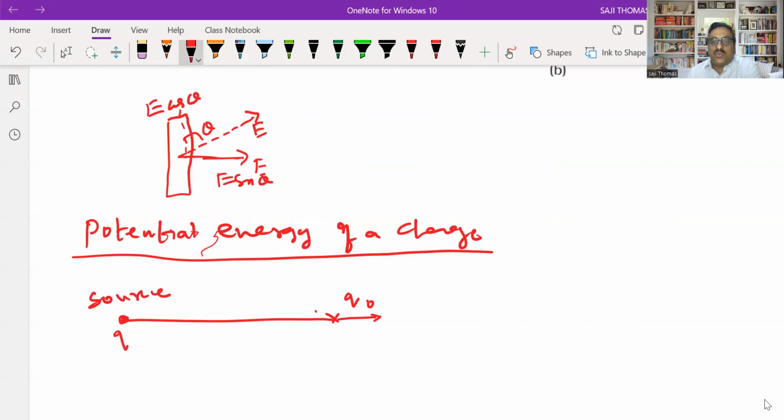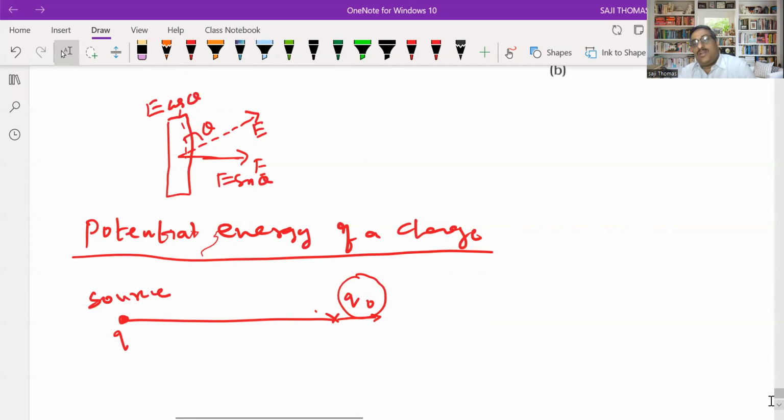That work done is stored in this charge as its potential energy. Okay, so what is the definition for potential energy? It is the amount of work done to move a charge from infinity to the particular point.